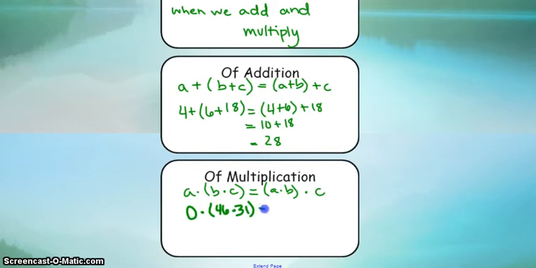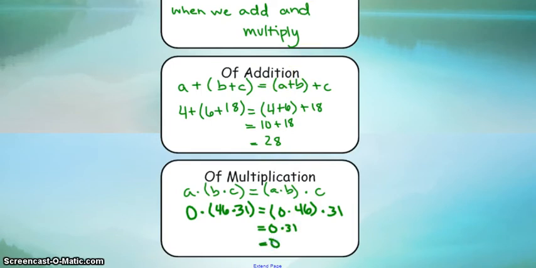What this is telling us to do in this expression is that we have to do 46 times 31 first. But we don't have to do that. We can switch it. We can regroup it. We can group the 0 with the 46. So we can do 0 times 46, then times 31. That way, when we do 0 times 46, we get 0, times 31. And 0 times anything is 0. So we end up with 0.